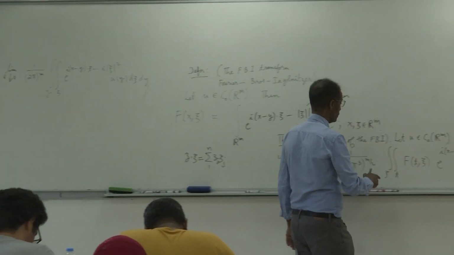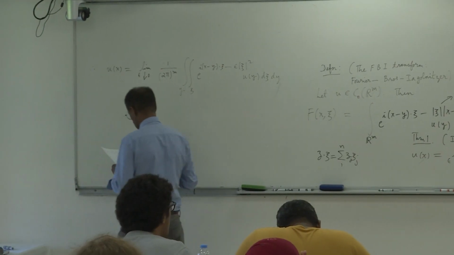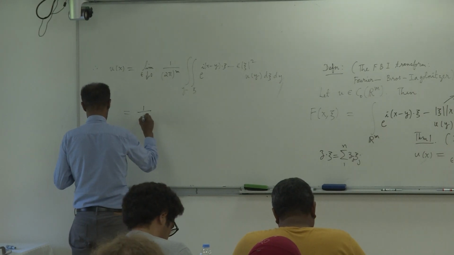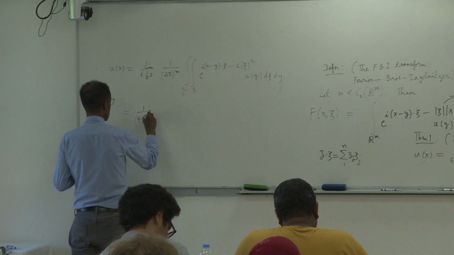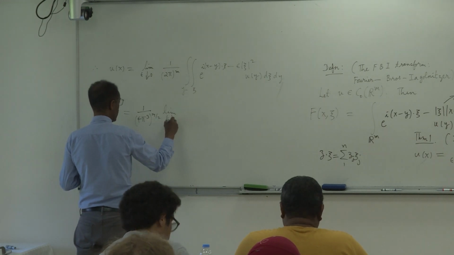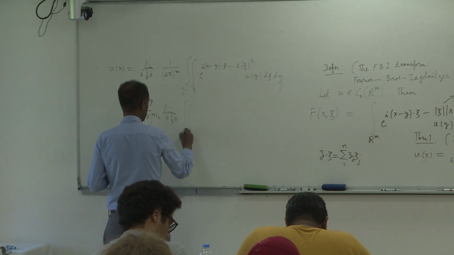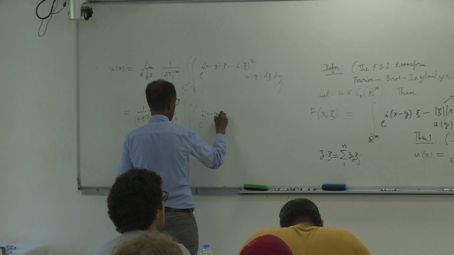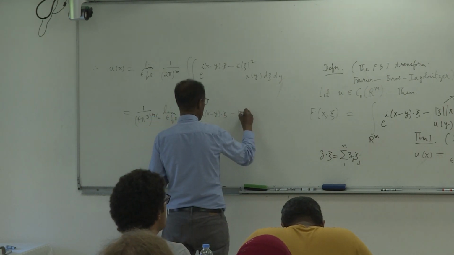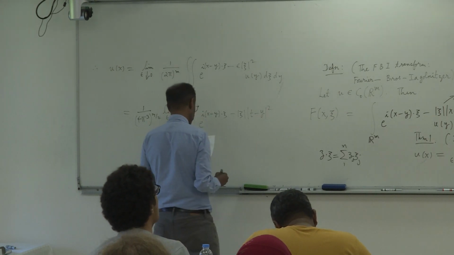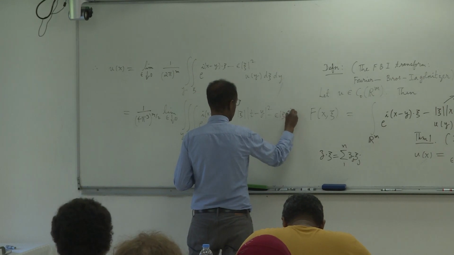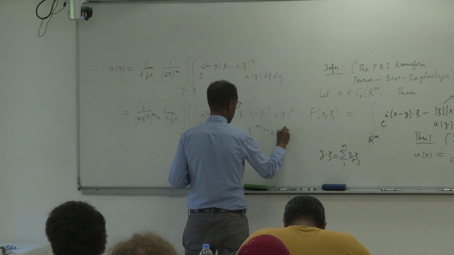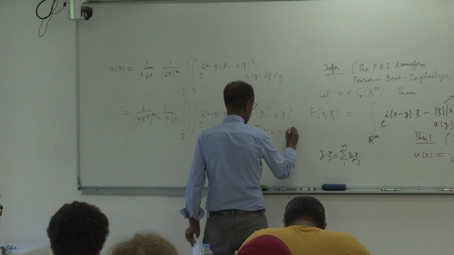And so to get the FBI transform in there, what I do is, okay, so you have some constant, 1 over 4π cubed to the m over 2, limit as epsilon goes to 0 of now I'm going to get a triple integral e^{i(x-y)·ξ - |t-y|²}, then there is this convergence factor, and then |ξ|^{m/2} u(y) dt dy dξ.